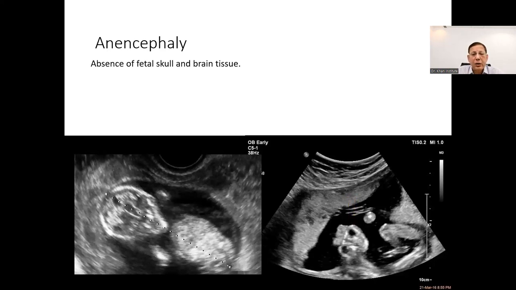If after the first trimester, that is after 12 weeks, say 13, 14, 15 weeks, we can easily see this abnormality and then we will report it. The doctor will talk to the patient about this baby because she knows that this baby cannot live after birth, and convince the patient.